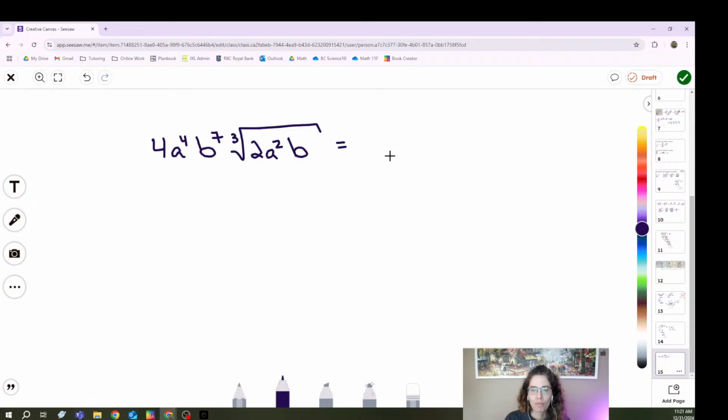Okay, and how do I bring this 4 back inside? Well, don't even worry about the a's right now. Let's just deal with the 4. Just 2? Yeah, it's a cube root, so we need 3 of them. Okay, what is that going to give us? 4 times 4 times 4, and then what else do you have to do?